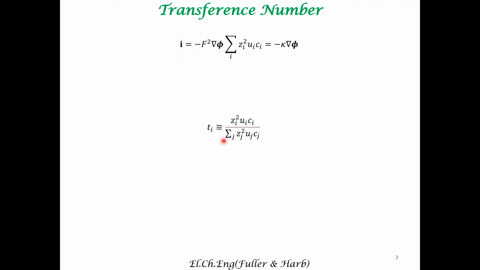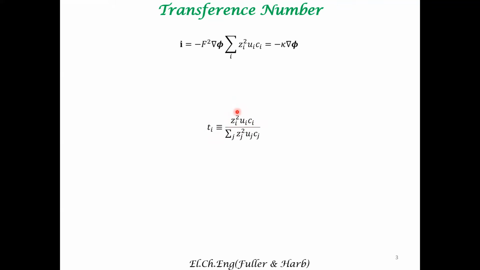So this is the transference number, which can be defined for any system, but the interpretation is most complete for a system that doesn't have concentration gradient. So for a system that doesn't have concentration gradient, the transference number is defined in the following manner.